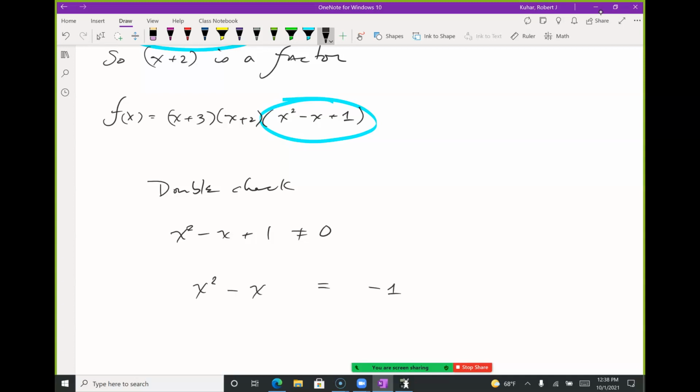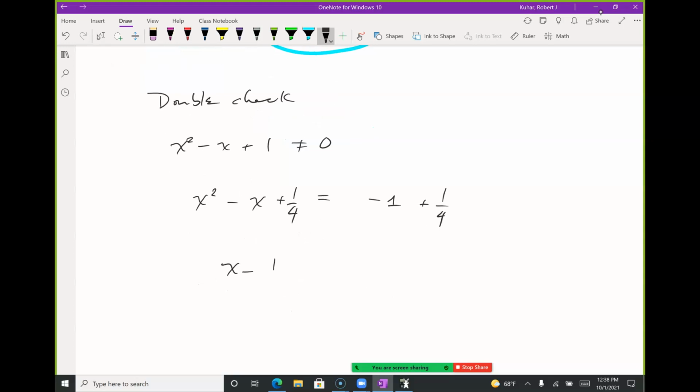When we have an equal sign, we complete the square a little bit differently. K is -1. Half of that is -1/2, and I square that to get a positive 1/4. So I'm going to add 1/4 to both sides. On the left-hand side I have x plus half of k, quantity squared, and on the right-hand side, I have -3/4.